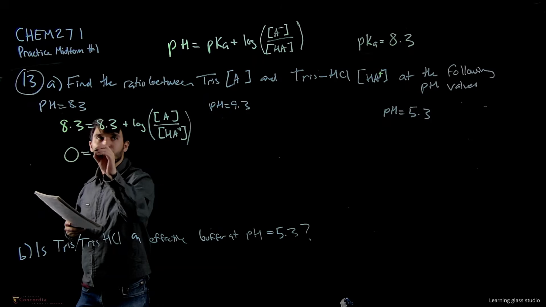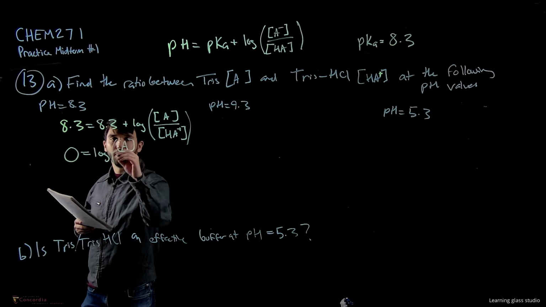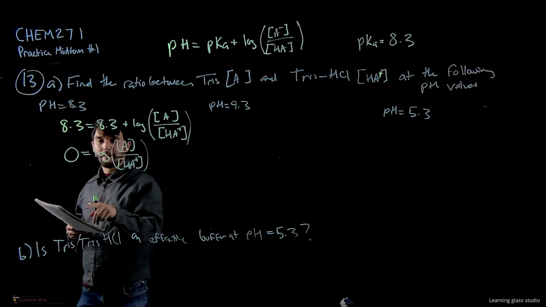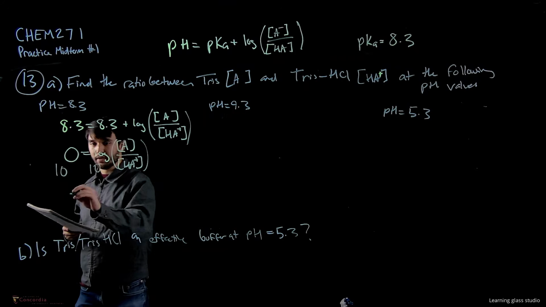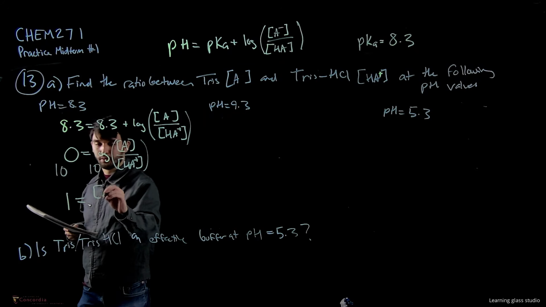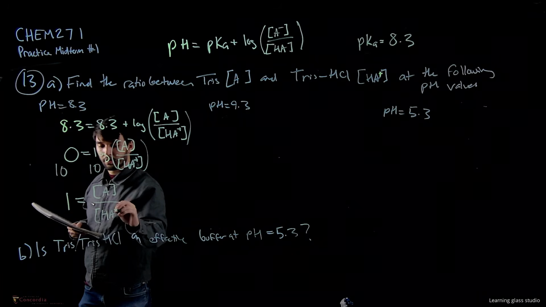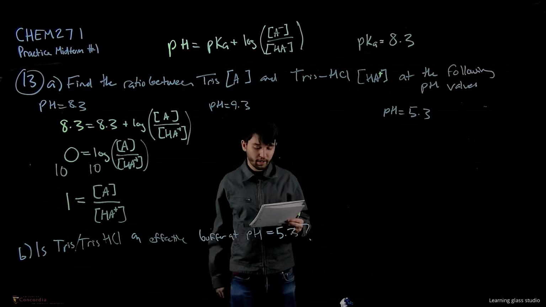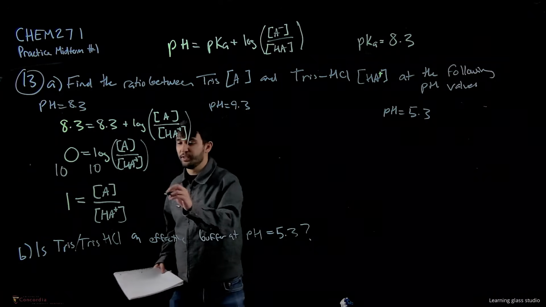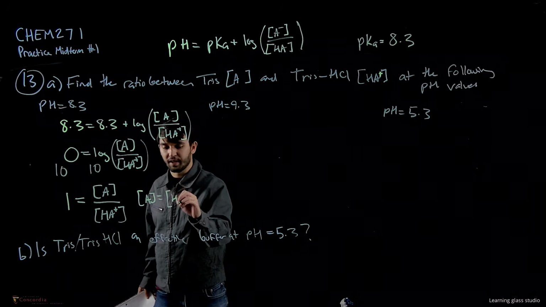You get 0 equals log A over HA plus. Then you can do 10 to the power of both sides, and what you get is 1 equals A over HA plus. So the ratio there is 1. That means you have equivalent amounts of each, so the concentration of tris is equal to the concentration of tris HCl.